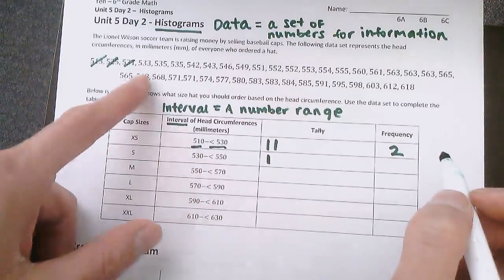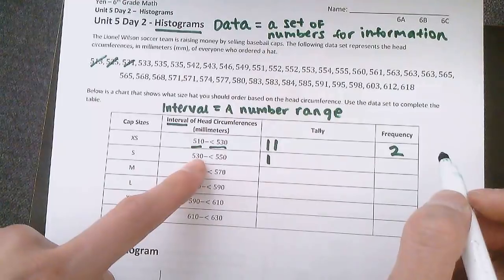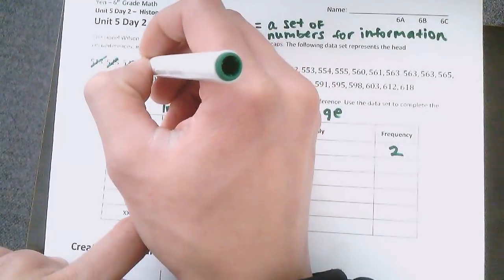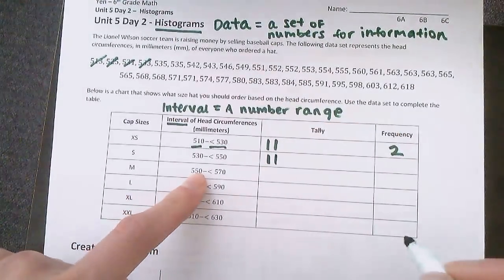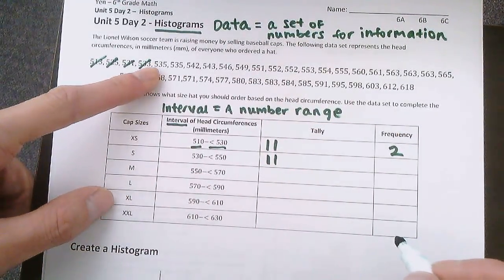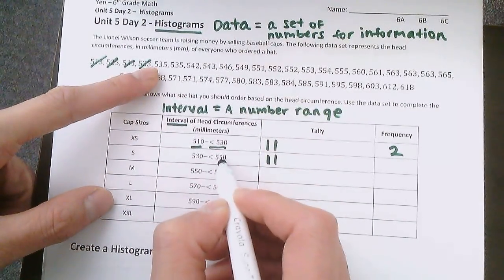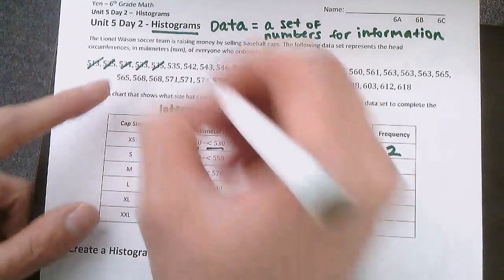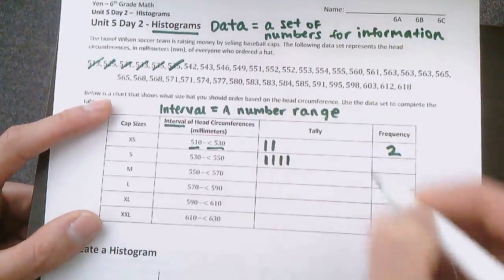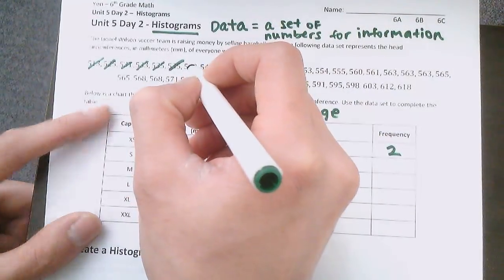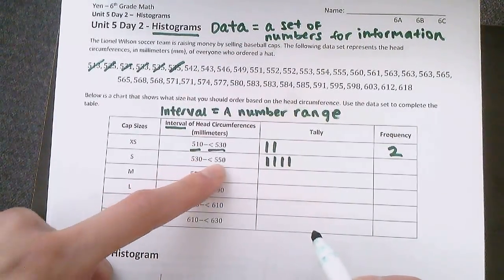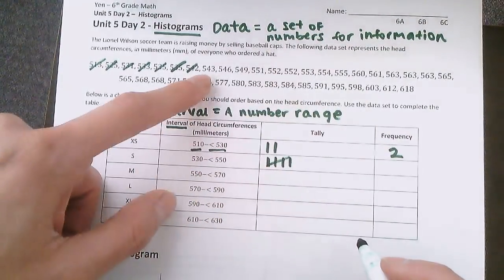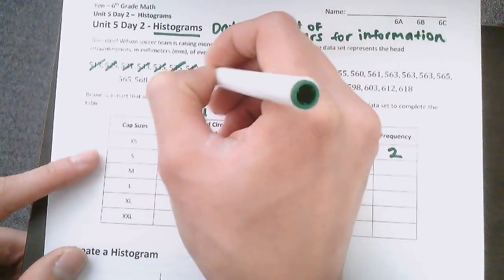Now let's keep going. 533, that's between this range right here, 530 to 550. So I'll cross that out, put another tally here. 535, that's also between 530 and 550. I'll cross that out, put another tally mark. Another 535, that's going to go here too. 542, that's between 530 and 550, that will go here also. Now I have 5 so far. 543, yep.